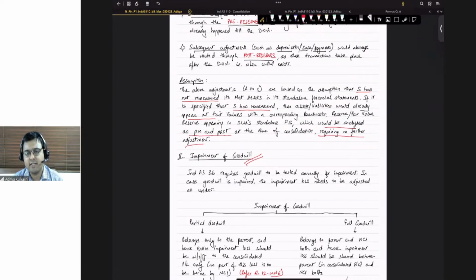See, goodwill impact is an expense. So that expense will go to the consolidated P&L because goodwill appears in the consolidated P&L. But where will it go? Well, that depends on partial or full goodwill. If it is partial goodwill, it will be borne entirely by the parent in the consolidated P&L. If it is full goodwill, it will be borne partially in the consolidated P&L and partially with the NCI.